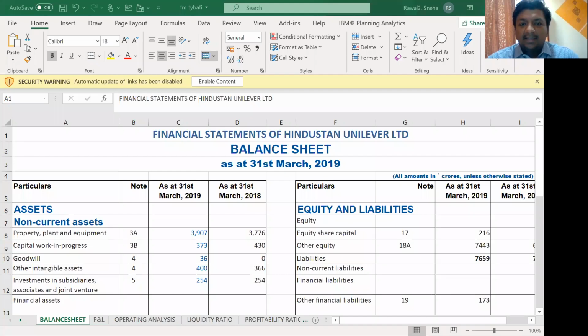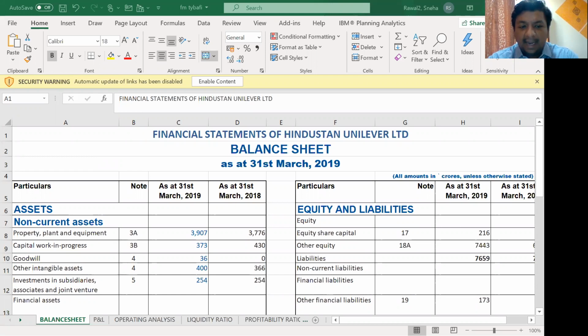During the session, we will be covering key important ratios, of which we'll start with operating ratios. For today's session, I have taken the balance sheets and profit and loss account. I'll be doing operating ratio analysis for the financial statements of Hindustan Unilever.